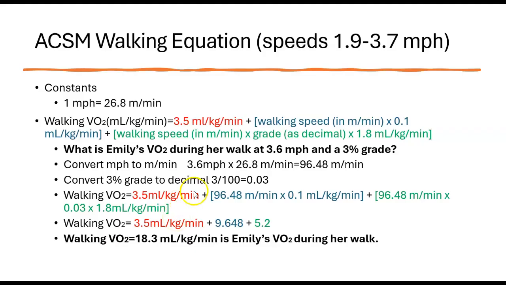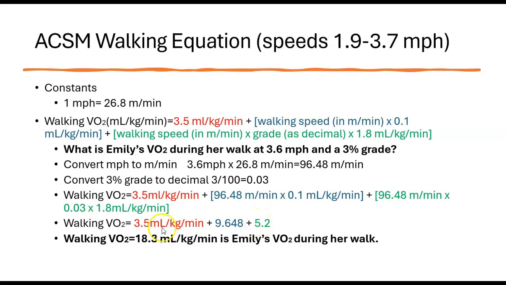Okay, we are going to solve for the red. There's nothing to add or subtract here, so we just bring that down. Next, we are going to solve for the blue. So 9.648 times 0.1, we get 9.648. And then we solve for the green. So 96.48 times 0.03 times 1.8 gives us 5.2.